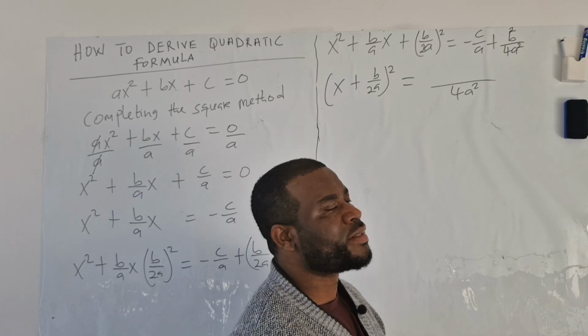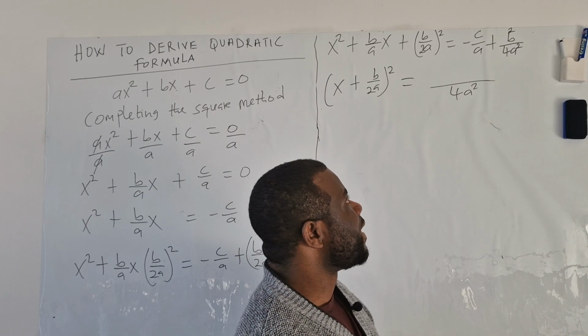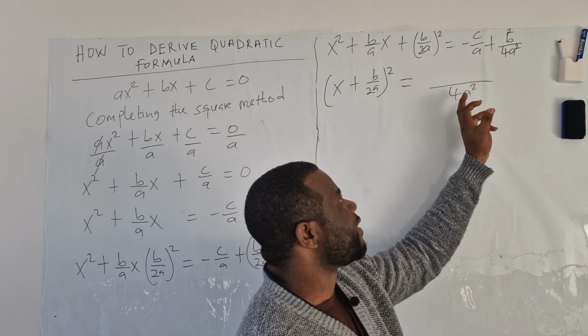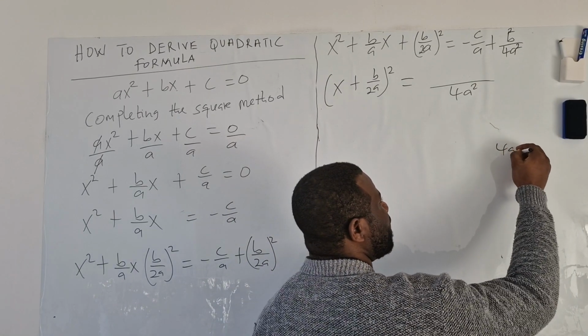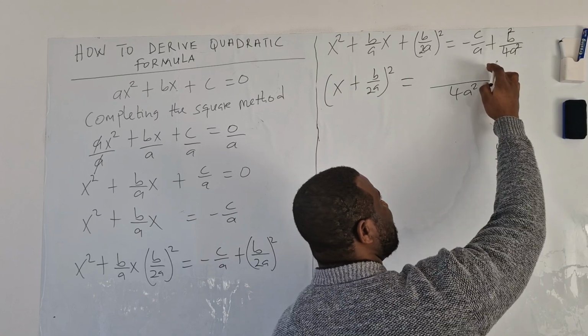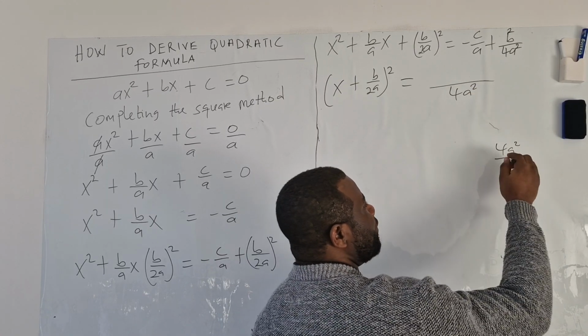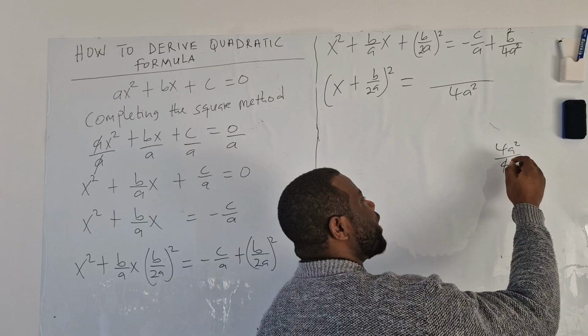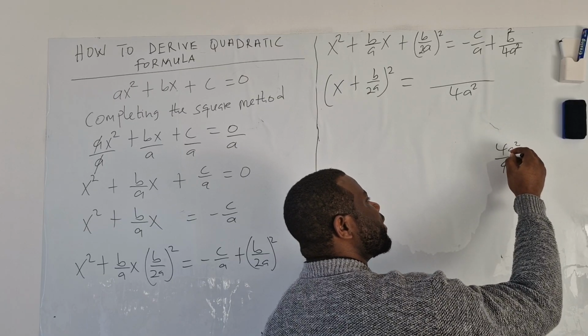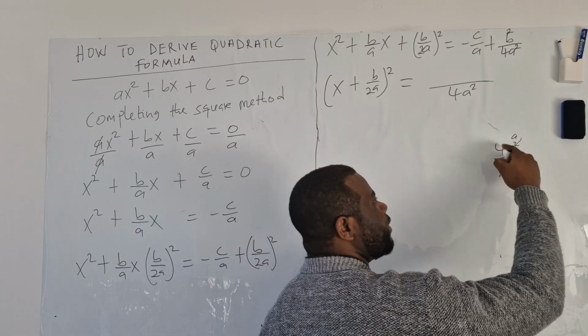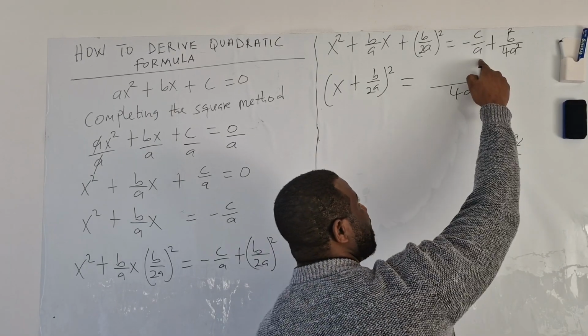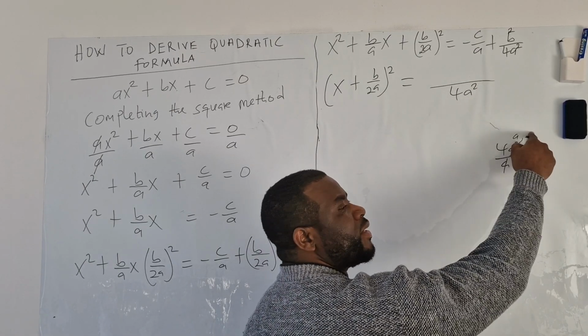What it means is that if we divide 4a squared by a, one of the a's will cancel one of these, and then we are left with 4a, right? So a goes into 4a squared 4a times.